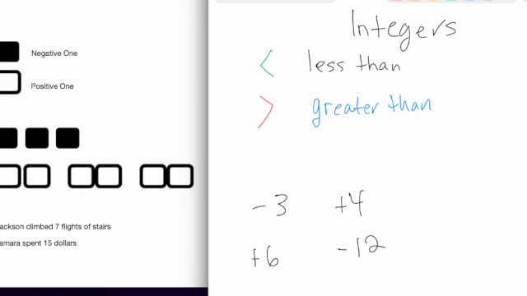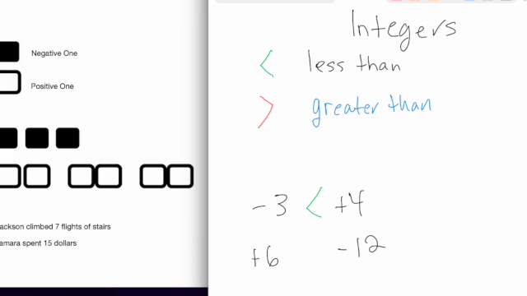So how these signs are used is we read the sentence left to right. So we have a -3 and a +4 that we want to compare here. And we know that -3 is smaller than +4. So what we'll do is we will insert the less than sign. So we can read that sentence now. -3 is less than +4.